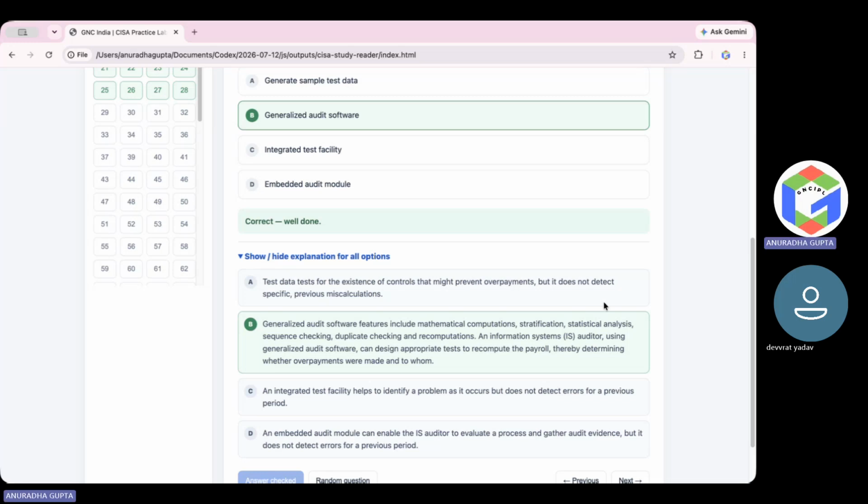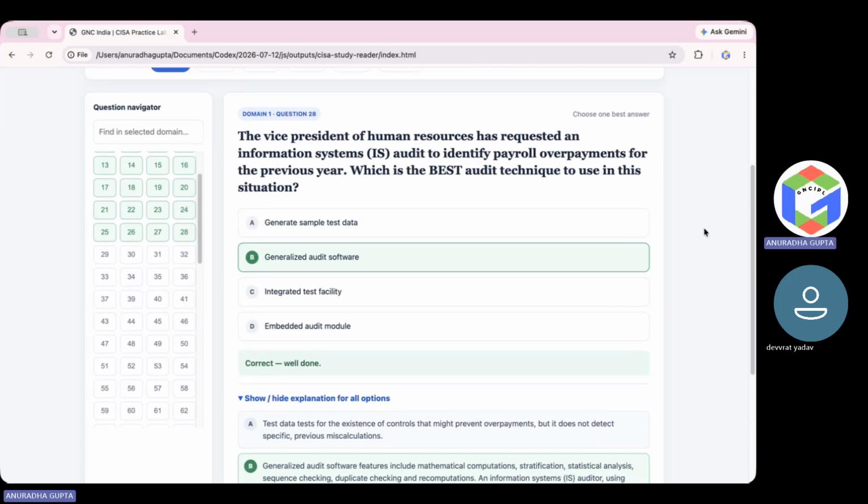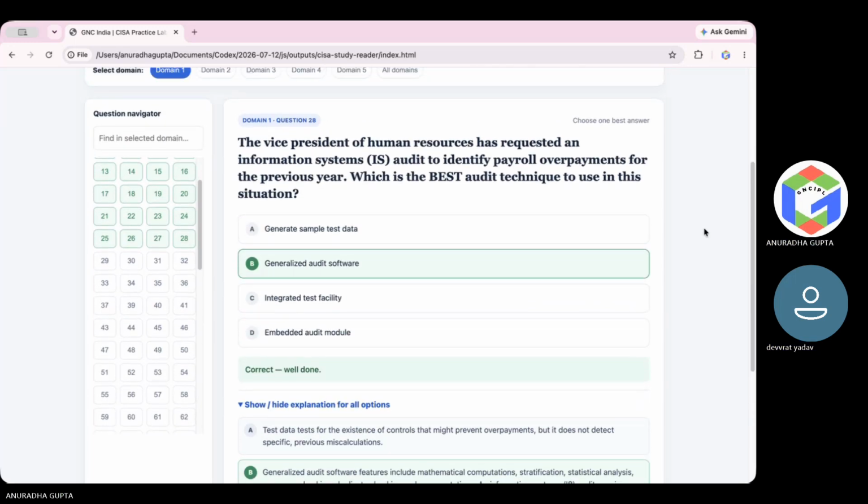It will perform the statistical analysis, stratification, mathematical computation, duplicate checking, reconciliation, all these things. By that, the auditor can identify if there is any gap or any overpayment or some issues in the transaction can be easily identified, right? So these are specialized software for a specific role, basically, which we use.